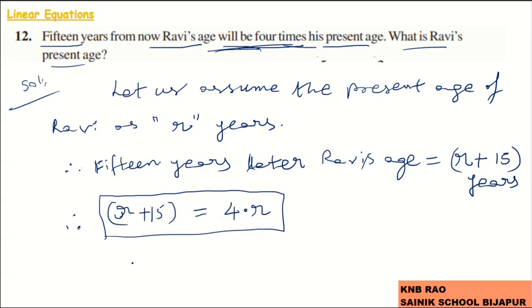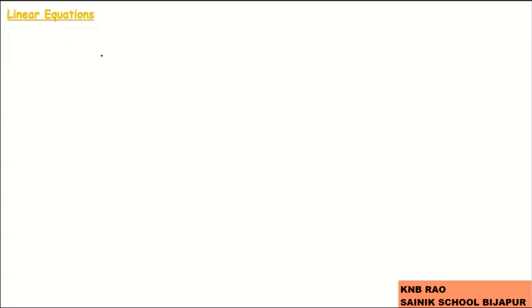So, after removing bracket, we get r plus 15 equals 4 times r. We will have all the variable terms on one side. This r is addend. If it is transposed to the other side, it becomes subtrahend. So, 15 equals 4r minus r. Continuing further, 15 equals 4r minus r, both are like terms, results as 3r. So, 3r equals 15. This 3 is a multiplicand.